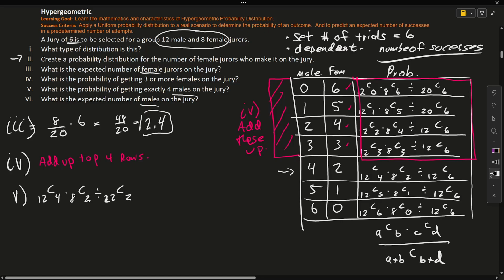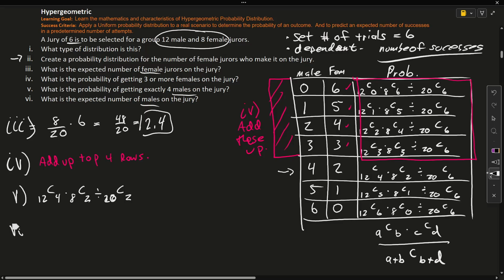Oh, sorry, these are 20C6. Oh man, I messed all these up. These should be 20s over here. 20, 20, 20, 20, and 20. Those of you probably noticed that in the video after I did the unpause there. You're probably thinking to yourself, man, Mr. Knapp really messed this up. I'm glad I caught it. These are all supposed to be 20s. Okay. There we go. So that's part 5.